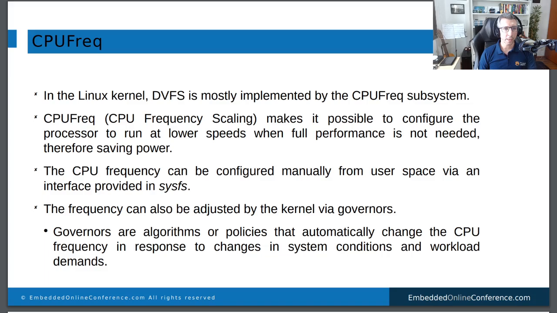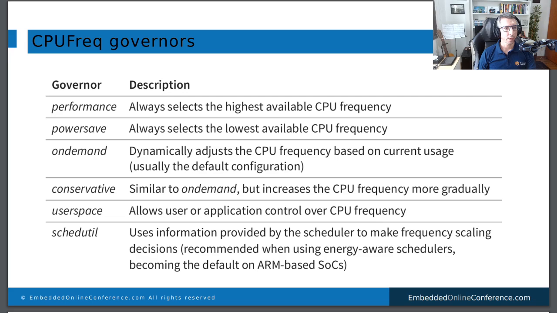And the Linux kernel has a subsystem called CPUfreq to manage that. So you can manually define the frequency you want, or you can just use a governor that will take a decision for you. There are 6 governors, so it really depends on what you want to do. For example, if you really want to save power, you might want to configure the powersave governor.